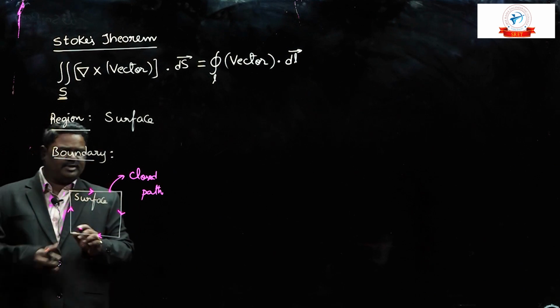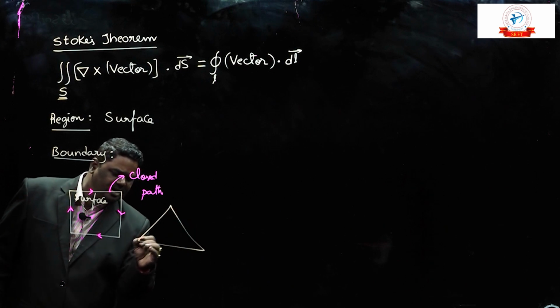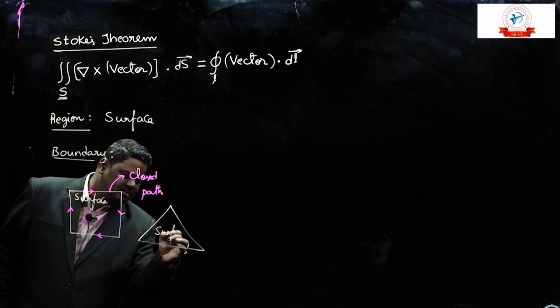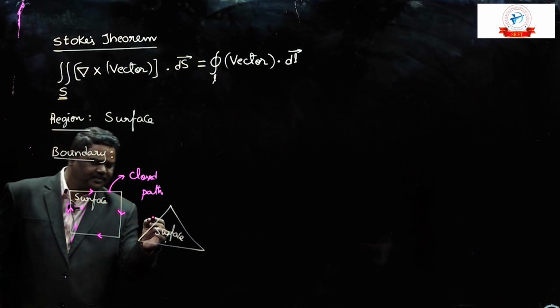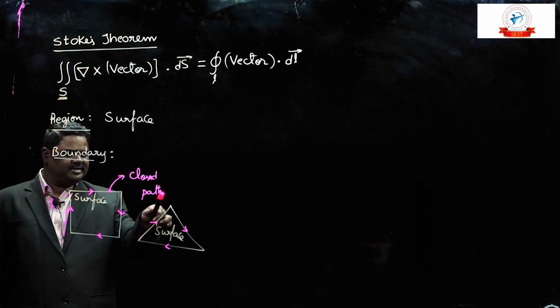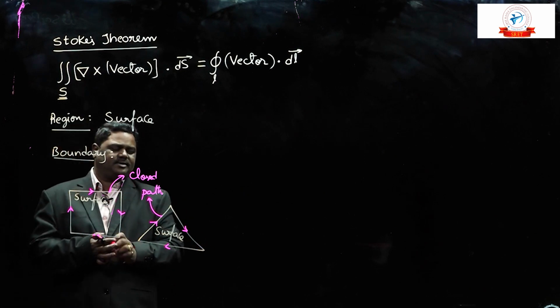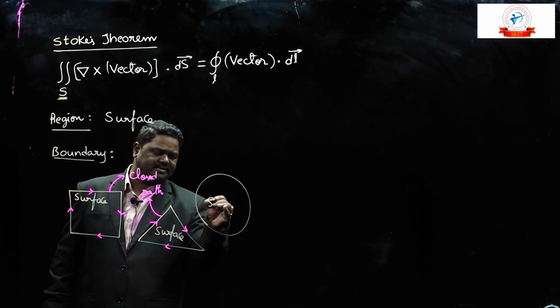Okay, so not only for this surface, you consider any kind of surface. Is there another surface? For this finite surface, what are the boundaries? You say that three sides of the surface are the boundaries. These three sides commonly represent a closed path. Maybe you can consider a circular surface.